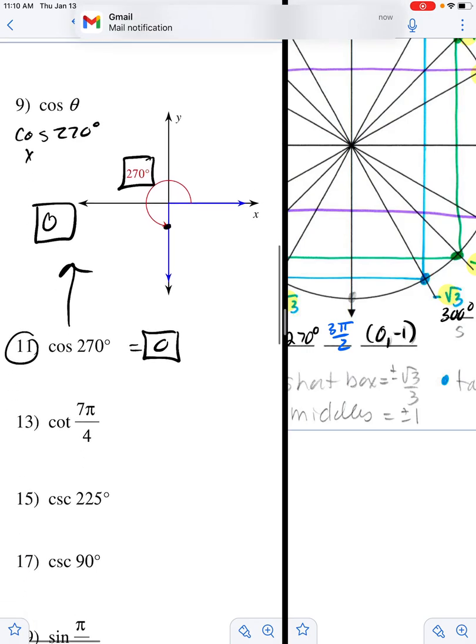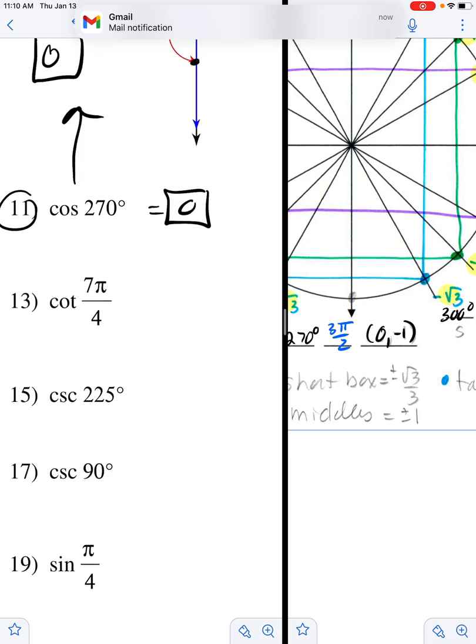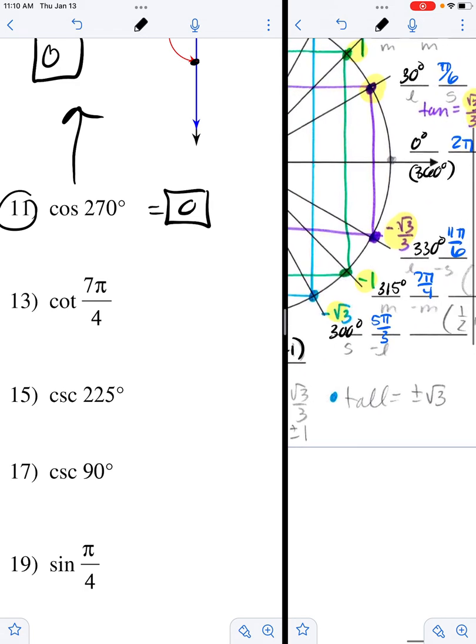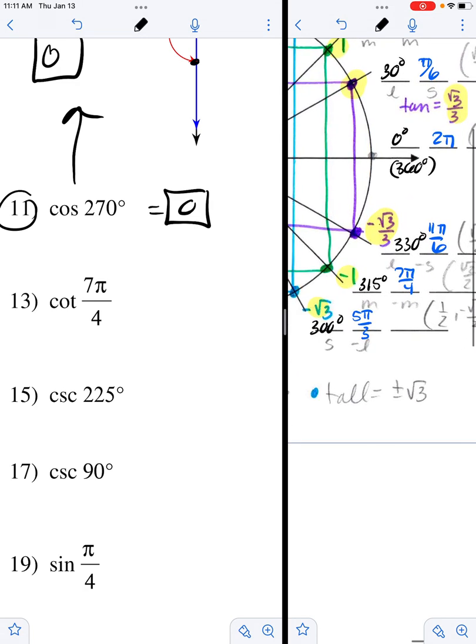Now, inevitably, when you hit radians, it becomes more complicated because now you have to really think about where to find that. Keeping in mind that pi fourths are always in the middle, I can see that over here at 315 degrees, I have 7 pi fourths on my filled in unit circle.